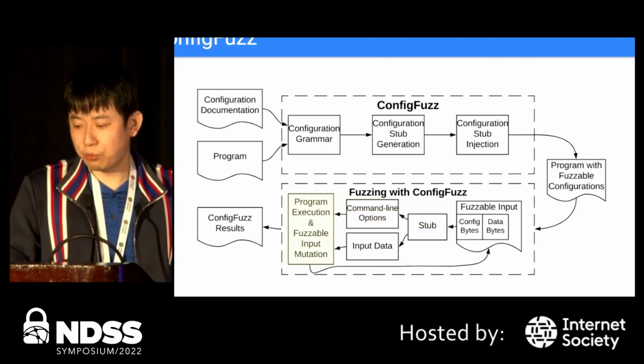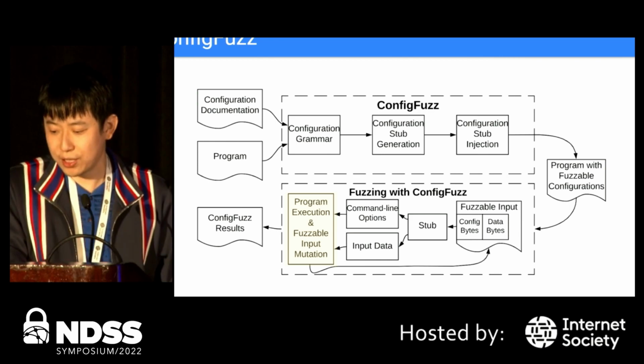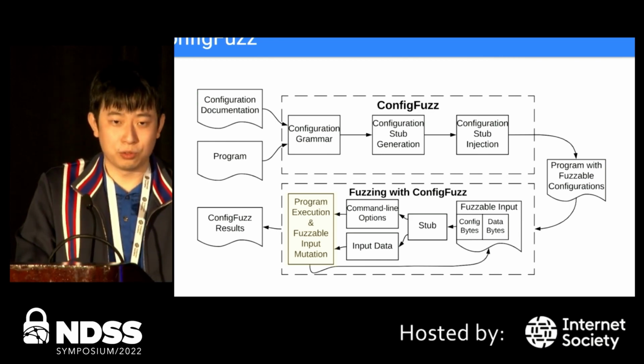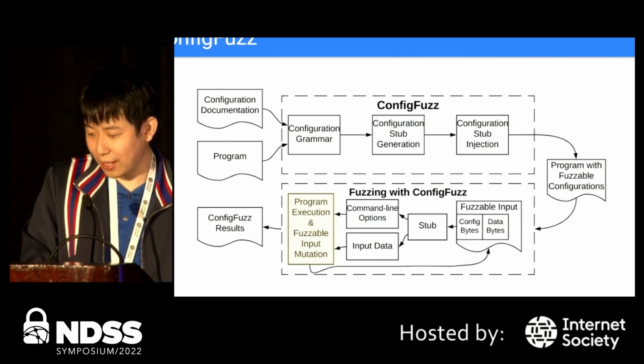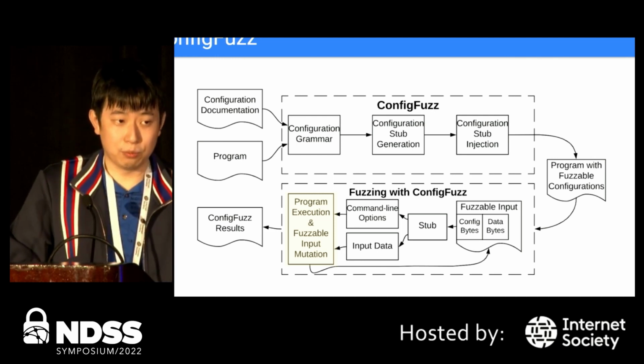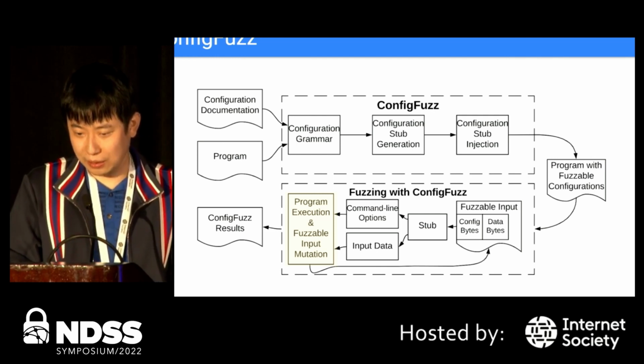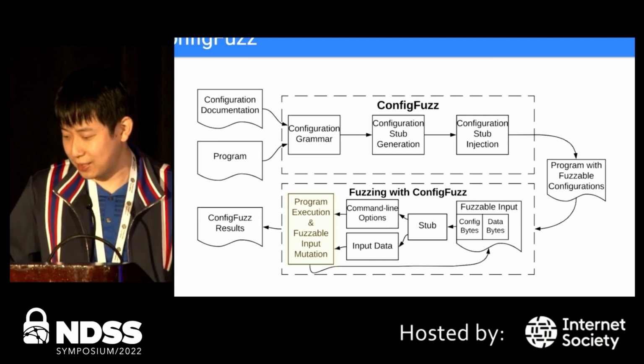The program execution will take this configuration and input data to execute, and when fuzzing is executed, it will have some knowledge of the coverage, which guides the fuzzing of the expanded input.